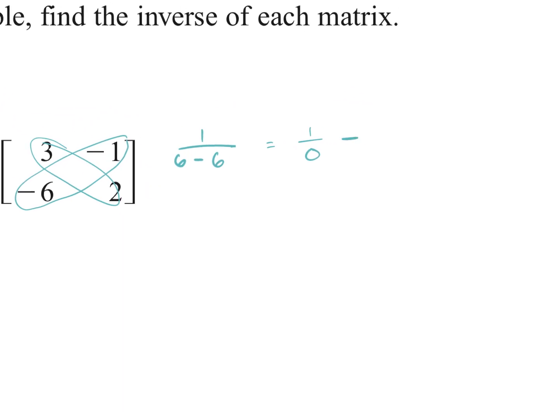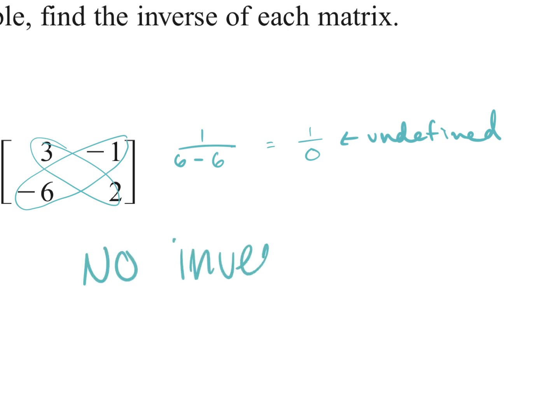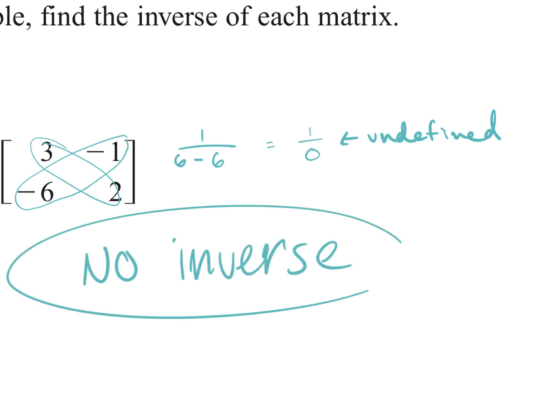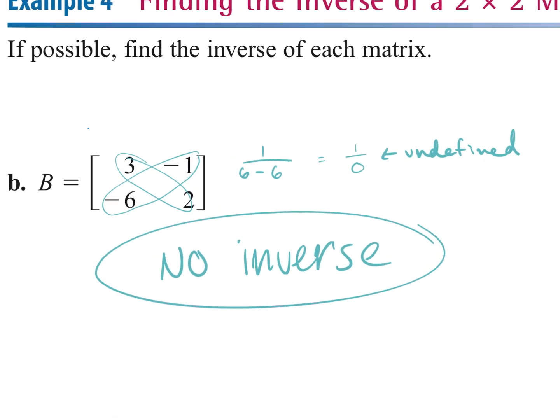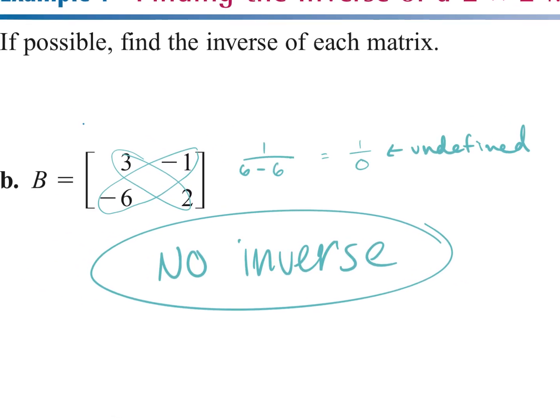Undefined. Since this is undefined, we don't have an inverse, so there is no inverse. So if you get undefined when you're coming up with your scalar, you have no inverse.